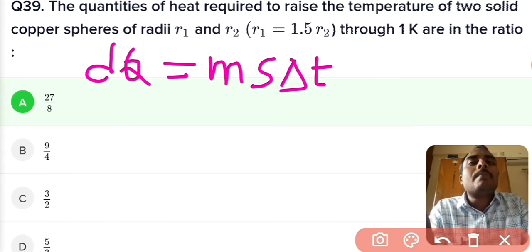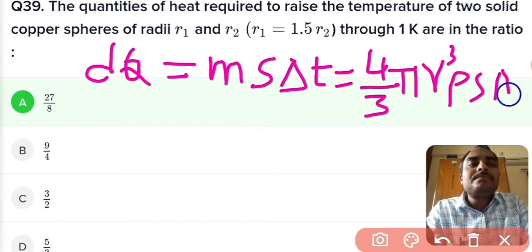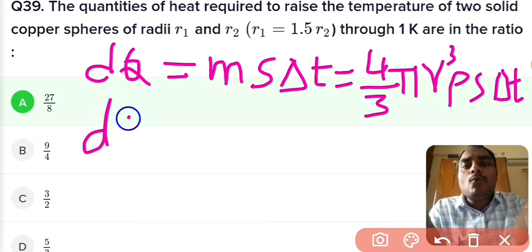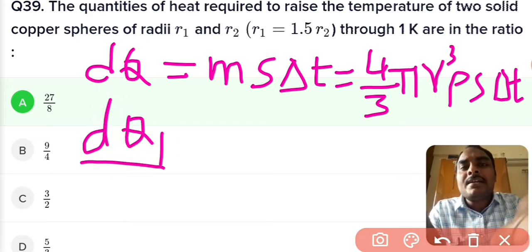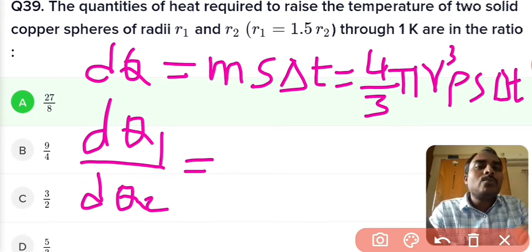Then m is the mass. Mass can be written volume into density. So m can be written, volume can be written 4 by 3 pi r cube, into density rho, s delta T. Now we can write dQ1, heat required for first body, divided by dQ2, heat required for second body, equal to, if you see in this formula, 4 by 3 pi constant, rho is same for both.